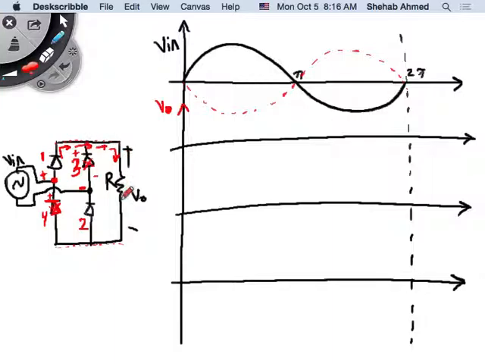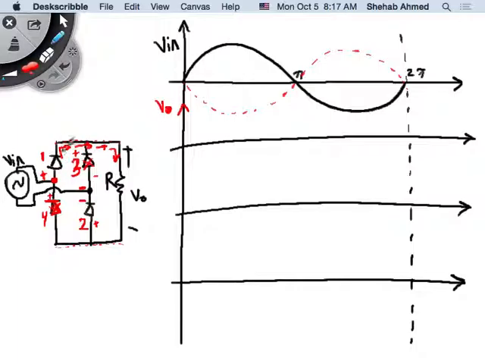How about my return path? This is the most negative potential in the circuit. If this is the most negative potential in the circuit, that means diode 2 is able to turn on as well. The potential here is going to be much more negative than anything else in the circuit. So this will be a little bit more positive than this potential, since this is the most negative source potential.